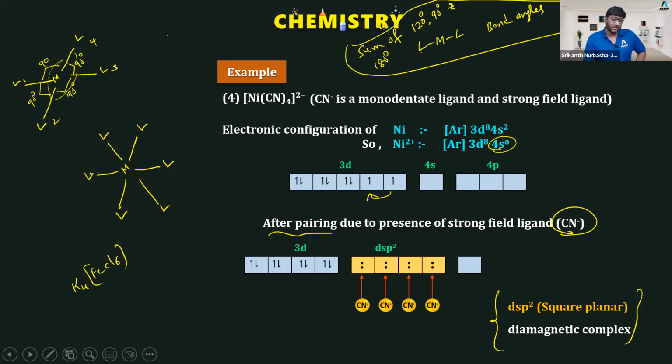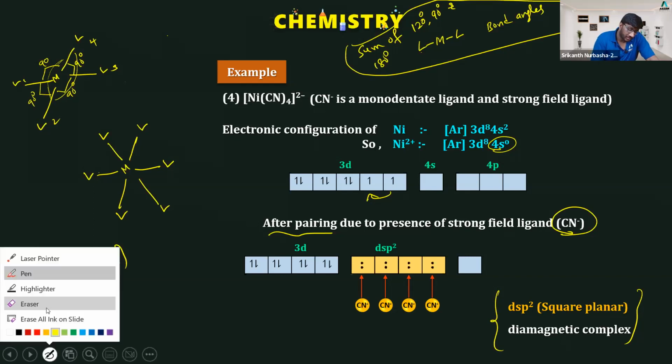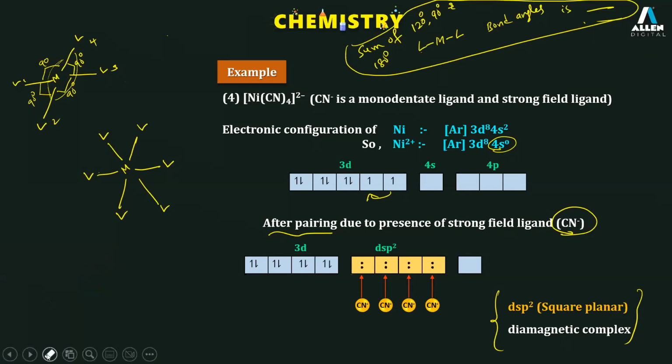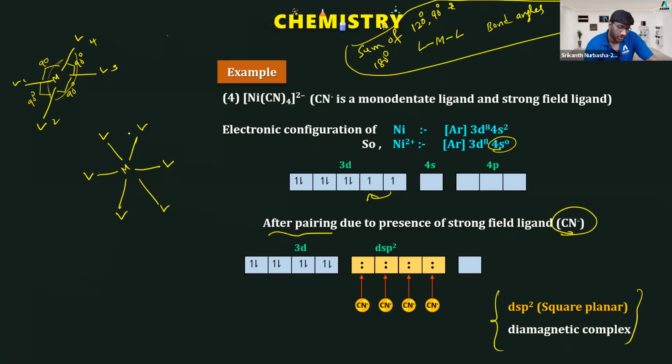How many 90 degree angles are there? All are 90. 90 degree angles will check out.